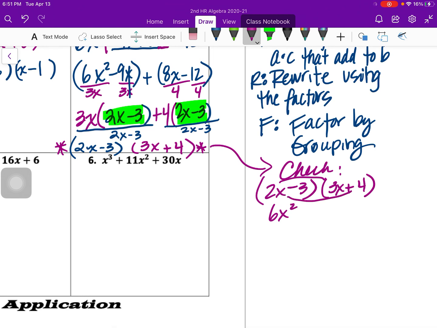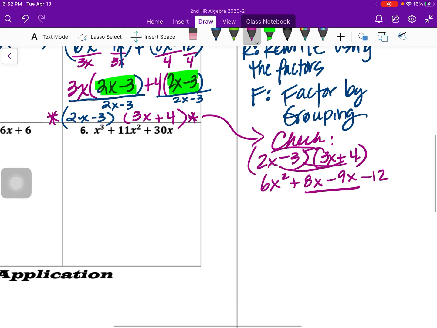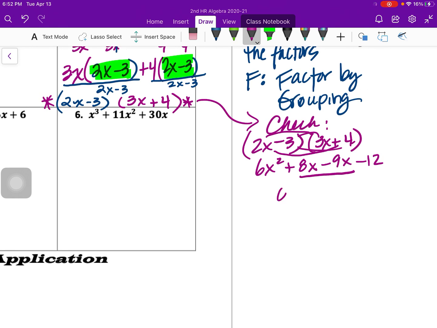Product of my outers is, let's see, 2 times 4 is 8x. Product of my inners is negative 9x. The product of my 2 last terms, negative 3 times 4, is negative 12. Combine your 2 terms in the middle, and you have 6x squared minus x minus 12.